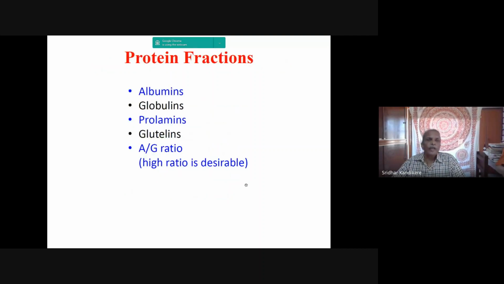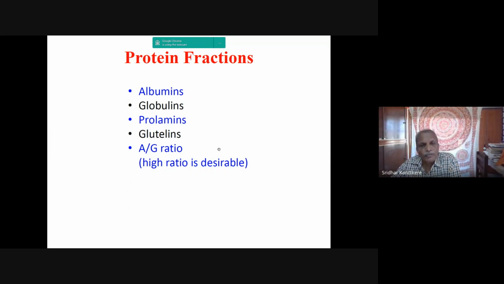So it is customary to evaluate proteins in mushrooms, and as with other materials like legumes or any type of vegetable we use, we can fractionate them into albumin, globulin, prolamins, and glutelins. So these are the four important fractions. This can be performed in a laboratory by simple means, and I am projecting here the AG ratio, the albumin and globulin ratio, which is very important with regard to protein fractions.